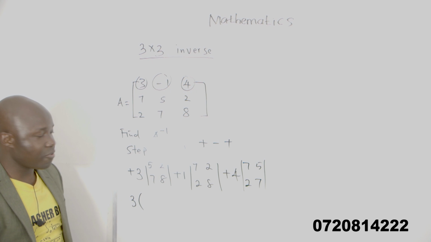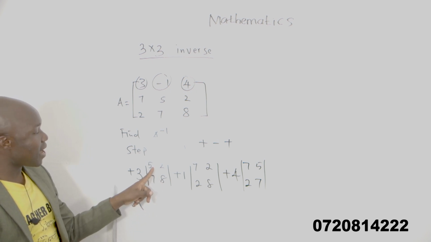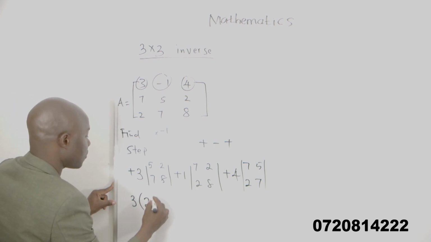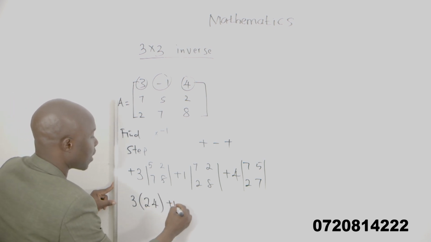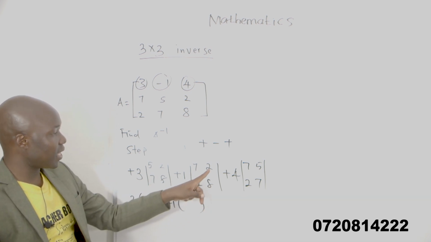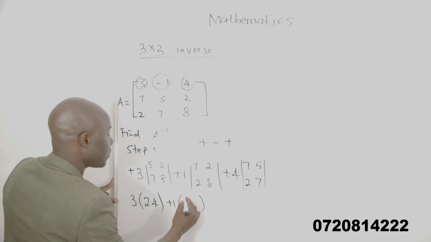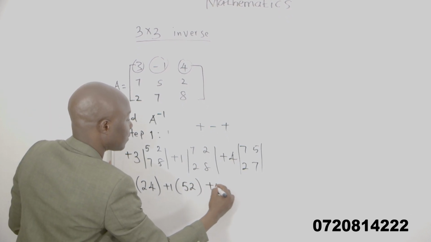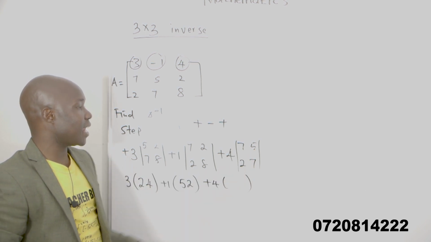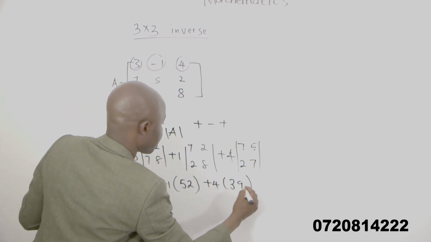Remember, these are now 2 by 2 matrices. 8 times 5 is 40. 40 minus 14, we get 24. Plus 1: 8 times 7 is 56. 56 minus 4 is 52. Plus 4: 7 times 7, 49 minus 10 is 39.